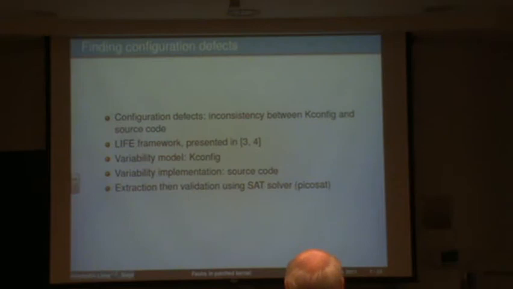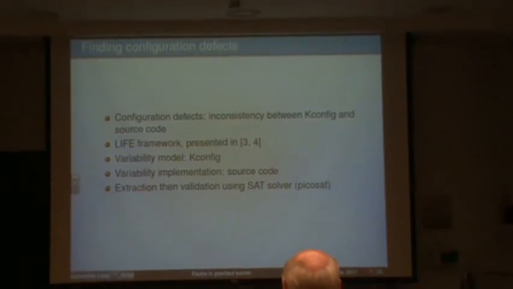So they presented what they call the LIVE framework in a couple of papers. Two main points in the tool are the variability model produced by Coccinelle and the variability implementation which is in the source code.